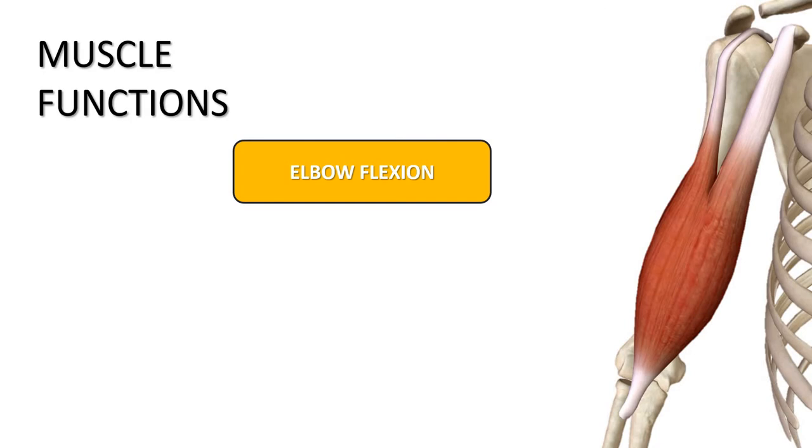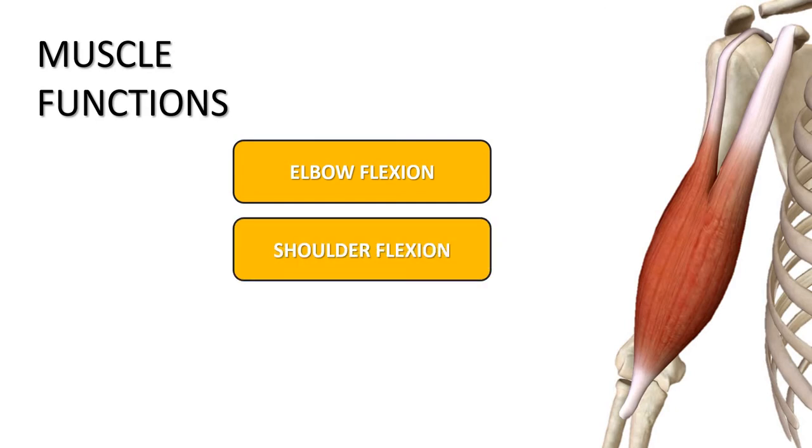This is what we do when we perform, say, a bicep curl in the gym, elbow flexion. But many muscles have secondary functions where they perform some support roles along with other muscles. For example, the biceps brachii also supports and helps in shoulder flexion, believe it or not.